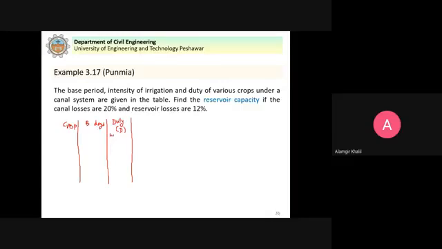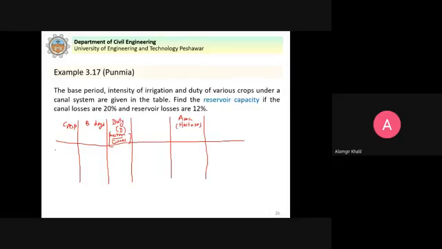Units are very important. Now we are given the area for each crop, which is also given in hectares.